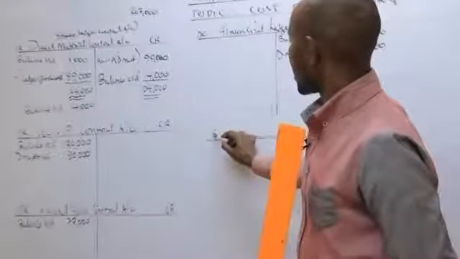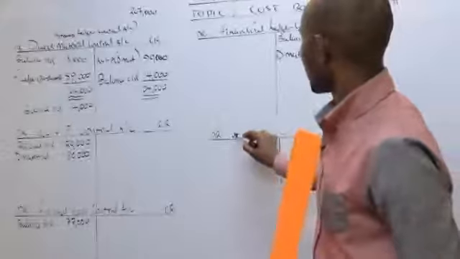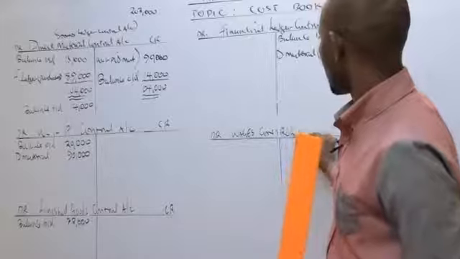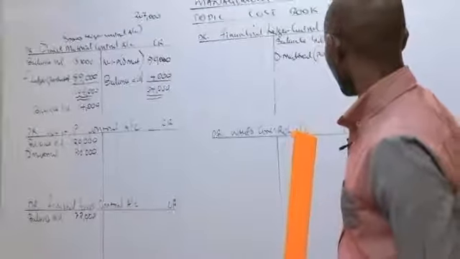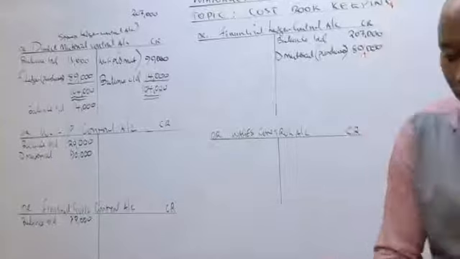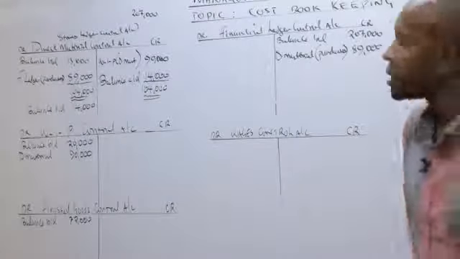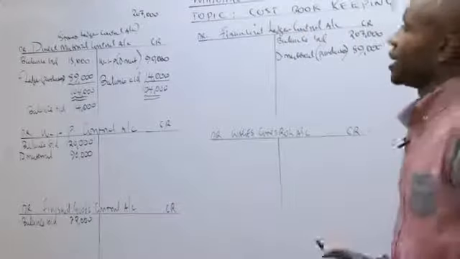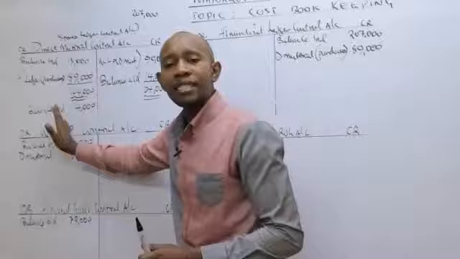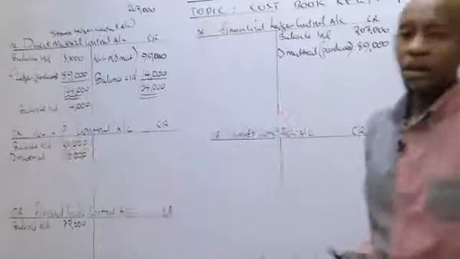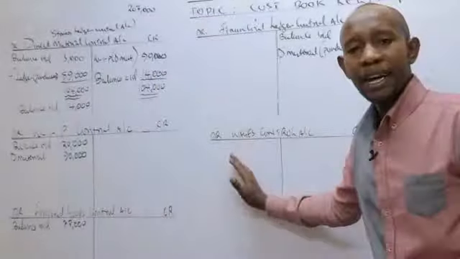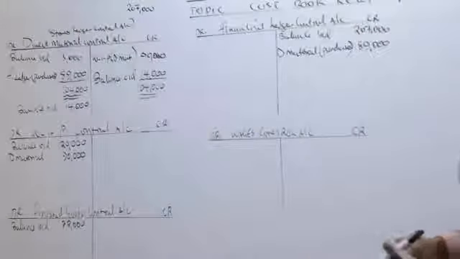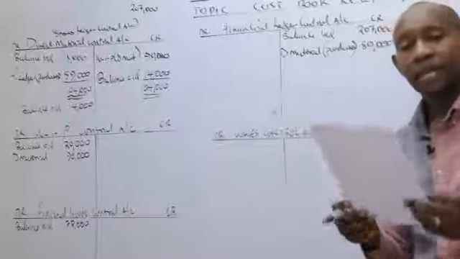So on the debit side, we call this the wages control account. Again, we've said for wages, you pay and then you allocate. Material, you purchase and then you issue. Wages, you pay and then you allocate. So tell me, what was the total amount of wages paid?